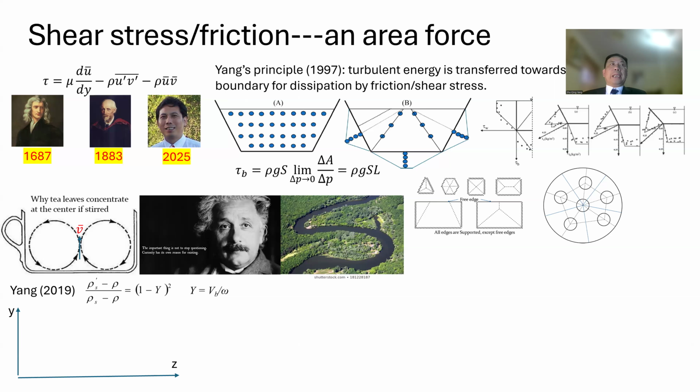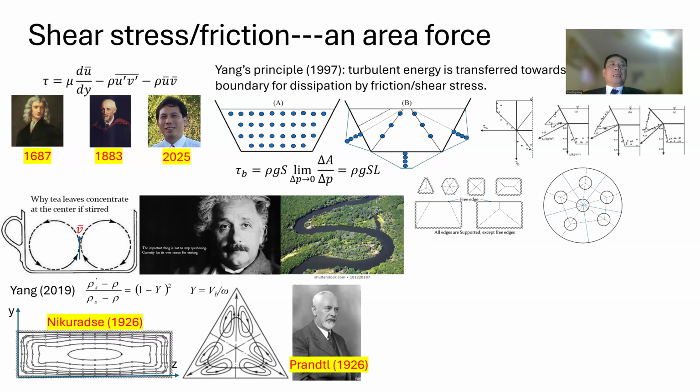And almost at the same time, in this year, Nikuradse measured the velocity in ducts. And he showed his measurement to his supervisor, Prandtl. And without experiment, he is very smart, as smart as Einstein. He immediately told him that in the duct channel, you should have secondary currents.